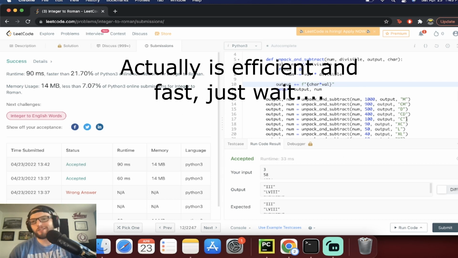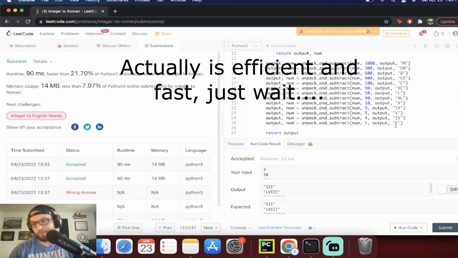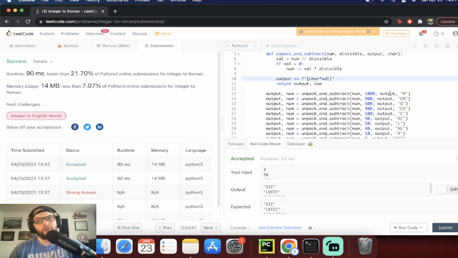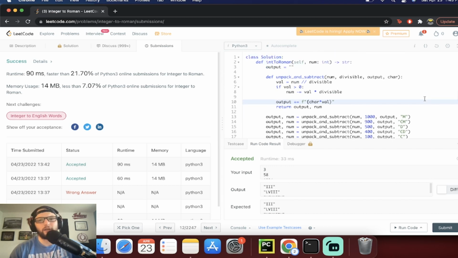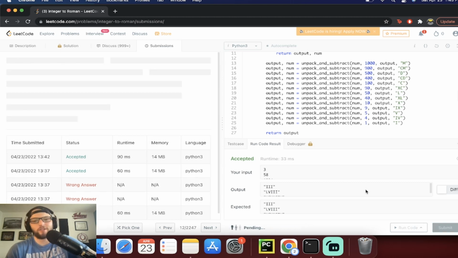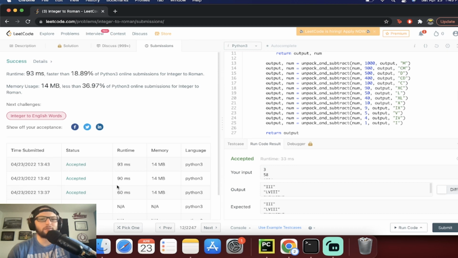So I don't know what else to tell you. I'm guessing that there's probably a way to, I mean, you could probably just directly, I don't know, man. I'm actually happy with the solution. I don't care. It was fast at one point and then I made it slower and slower. Let's go ahead and run it again, just see what happens.